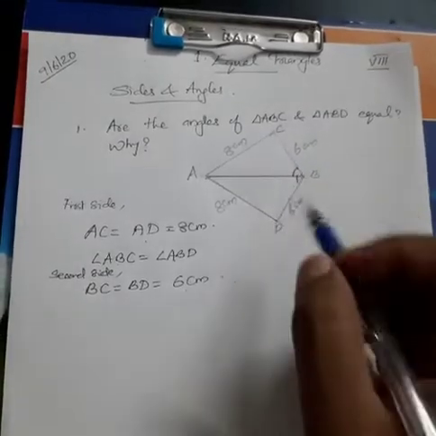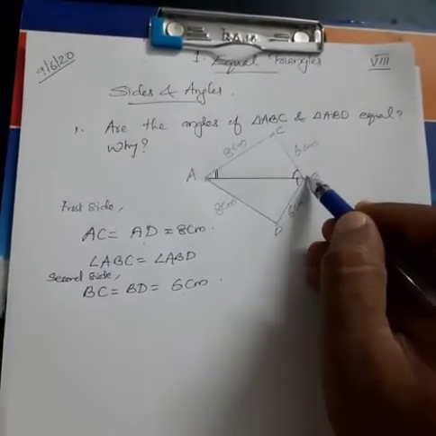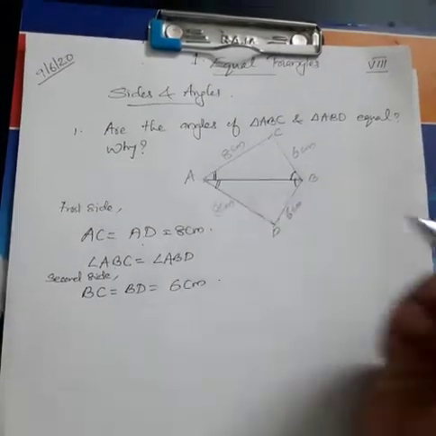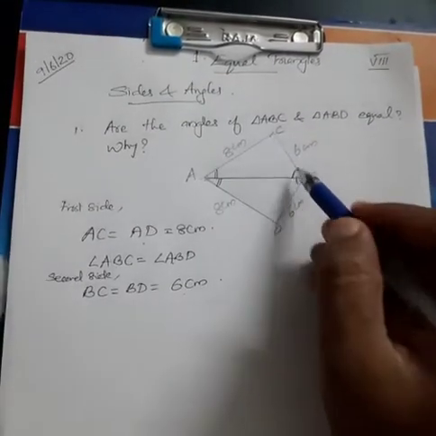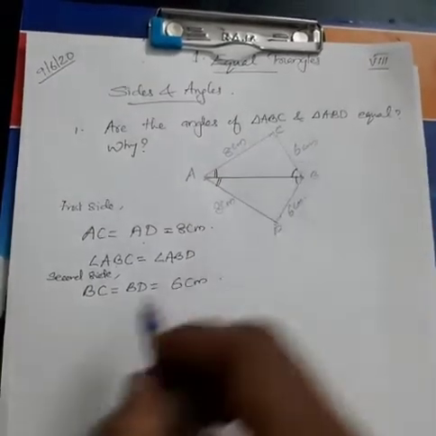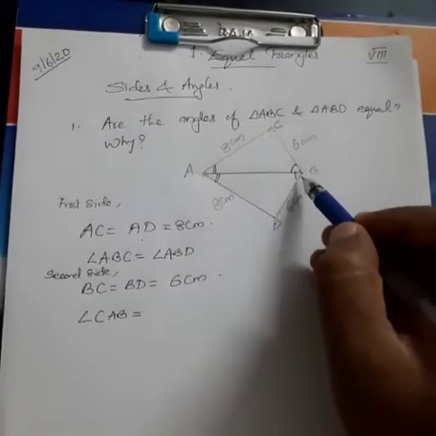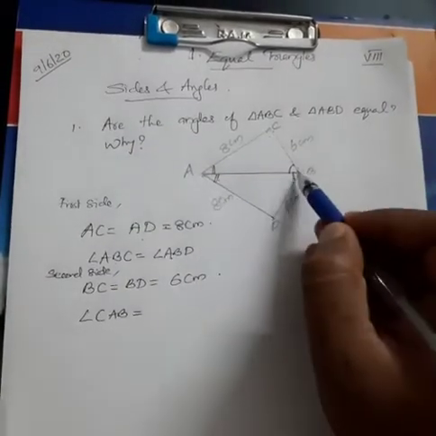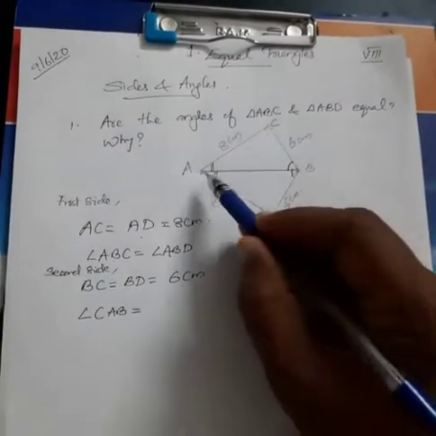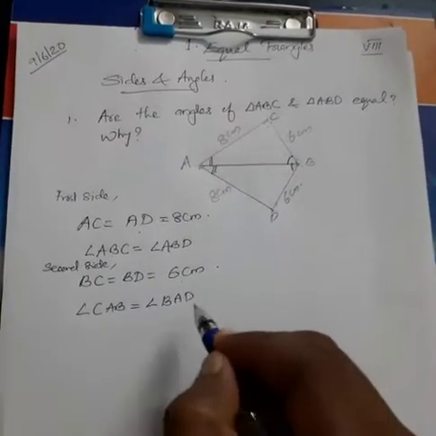Opposite of BC, the angle is here. Opposite of BD, the angle is here. So write the name. Opposite of BC is angle CAB, equal to the opposite of BD, angle BAD.